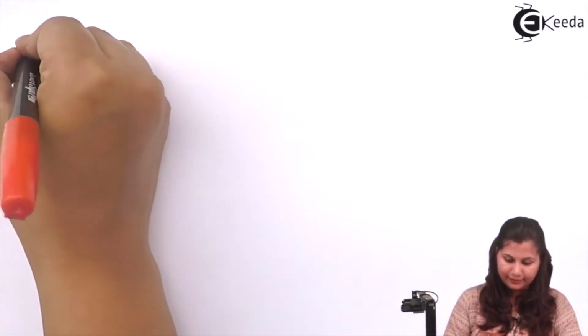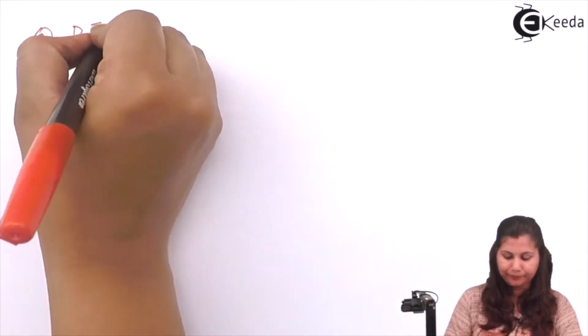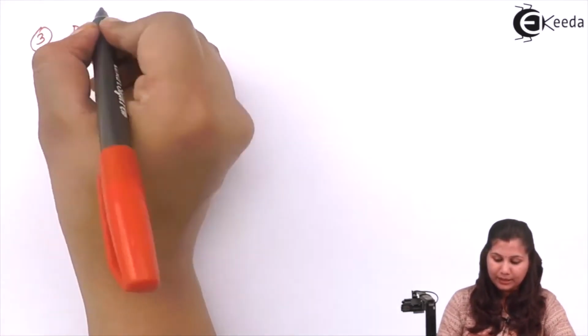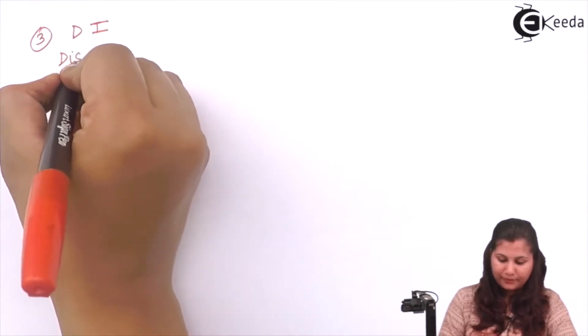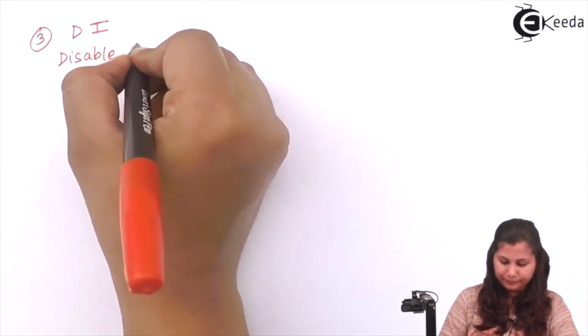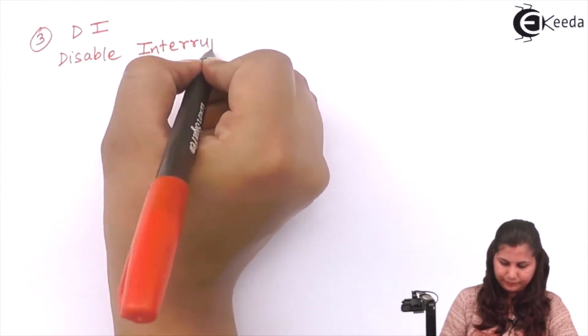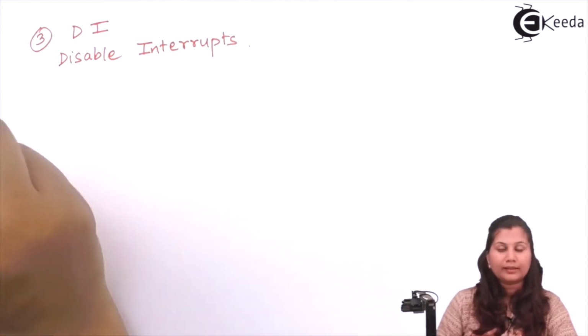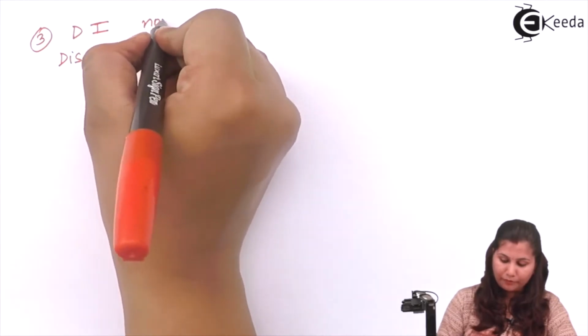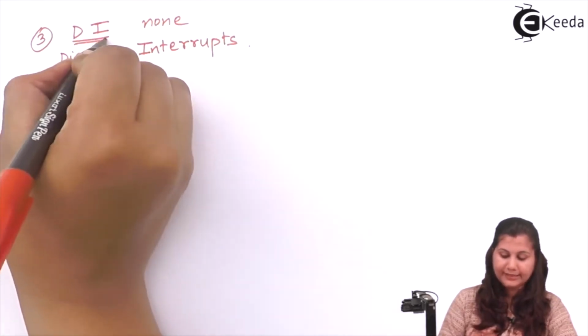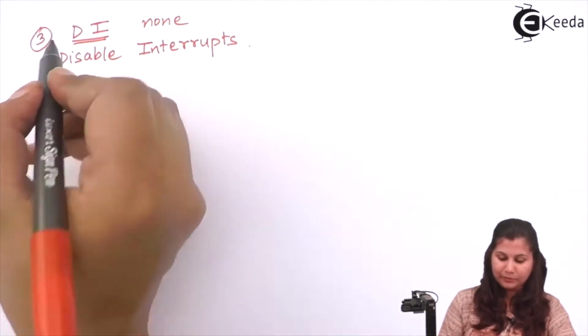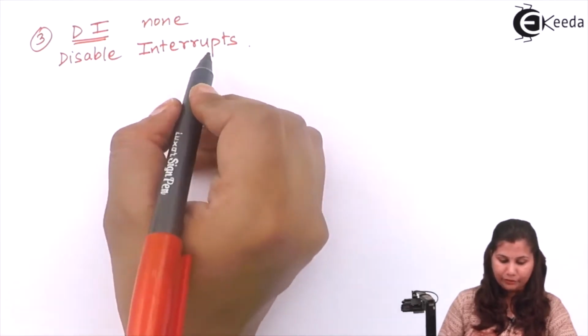Now, the next instruction under the control instructions category is DI. This means disable interrupts. This instruction also has no operand in it, only DI is written in the program, and this means to disable the interrupts.